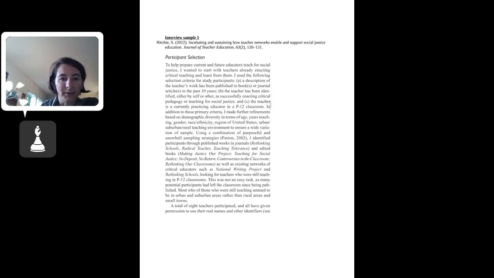This is very strict sampling. And then she made further refinement based on age, years teaching, etc., in order to ensure a wide variation. So first she narrows it to a very highly bounded group, but then within that group, she wants a wide variation of ethnic diversity, age, etc. Interesting, right? Then using a combination of purposeful and snowball sampling strategies, those should sound familiar to you now, she identified participants, and she uses a couple of projects to do that.